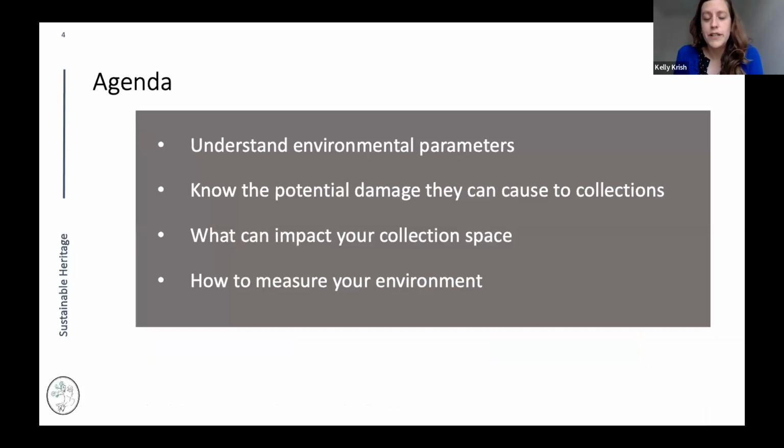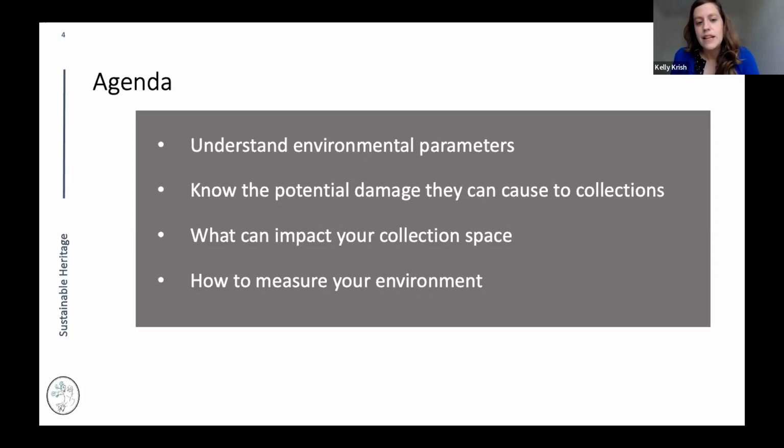All right, so the goal for today, as I said, is just an introduction to monitoring. So we're going to start by explaining the environmental parameters. In this context, by environment, primarily referring to temperature, relative humidity, and dew point. And not only what they are, but also why we should care, how they can potentially cause damage to collections. And then from that, how they would maybe get in your collection space and what you might be able to do about it.